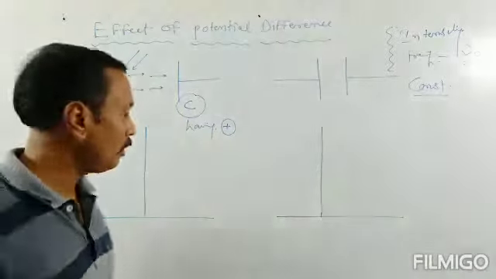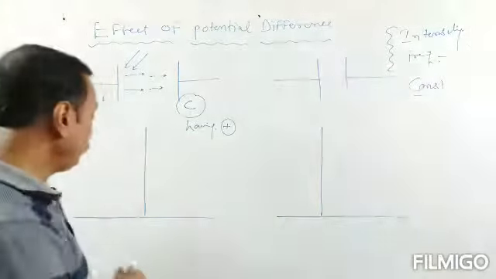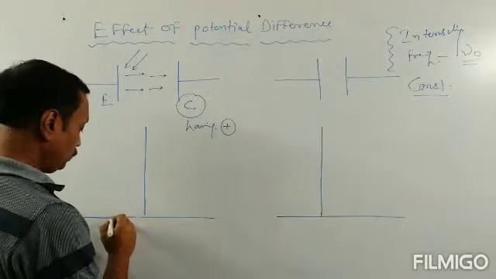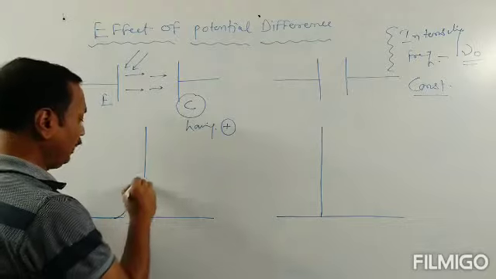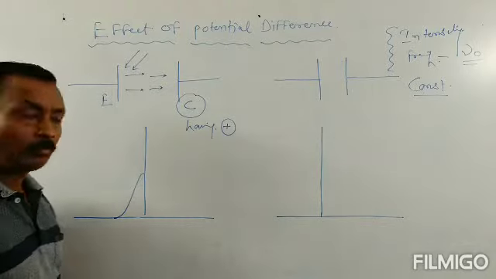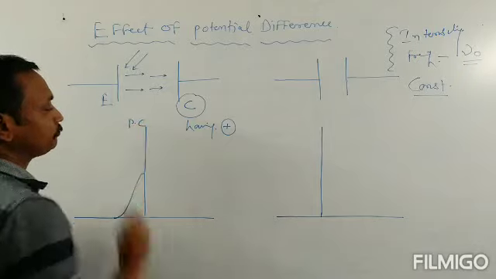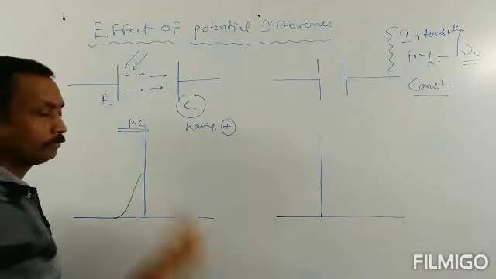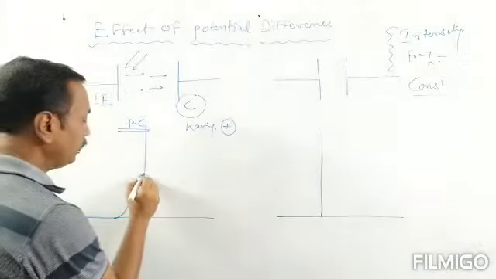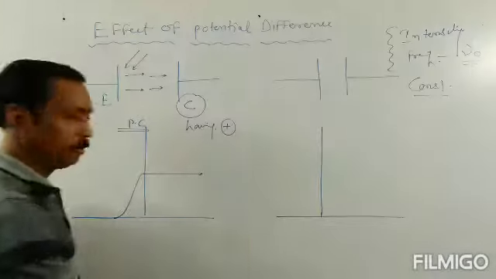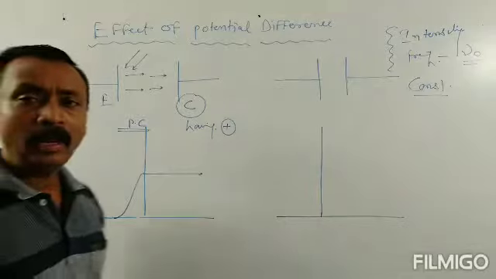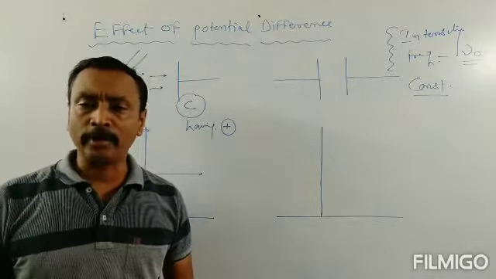Okay. So what is the graph between them? If the potential difference is applied, this is the photoelectric current. So we get the photoelectric current here, no doubt. Then again, I increase the potential difference.